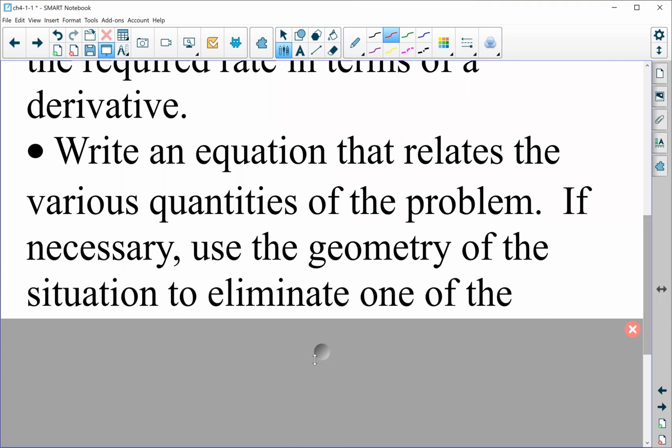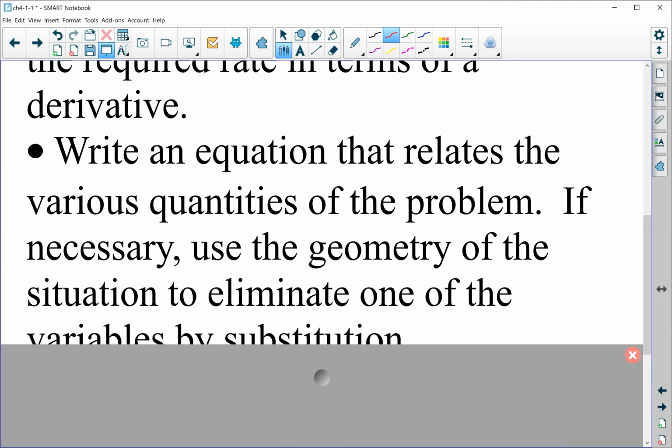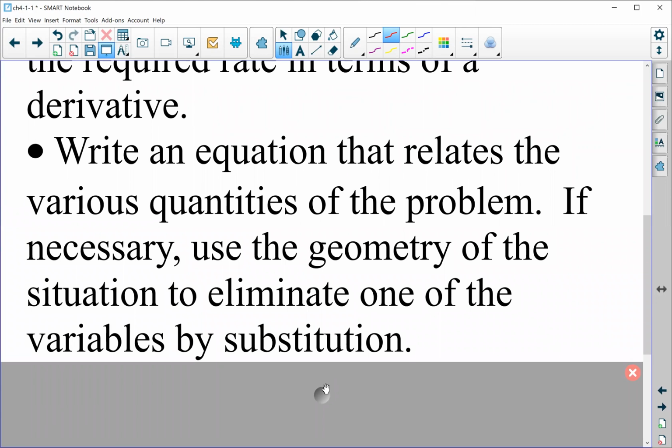Write an equation that relates the various quantities of the problem. If necessary, use the geometry of the situation to eliminate one of the variables by substitution.